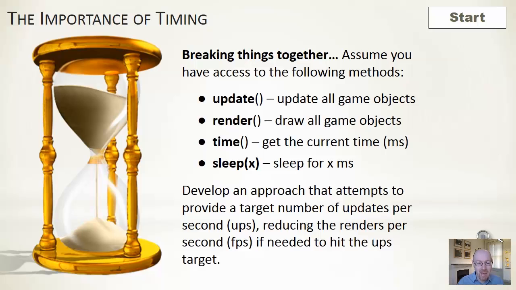So if I'm getting behind, then we'll just avoid drawing that particular frame. We'll lower the number of frames per second, but we will try to hit our number of updates per second. So hopefully 10-15 minutes is all it should take, but do pause this and take an opportunity to go over your particular algorithm for doing this. And we'll have a look at a solution in a couple of slides' time.